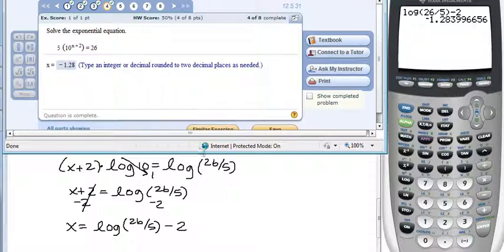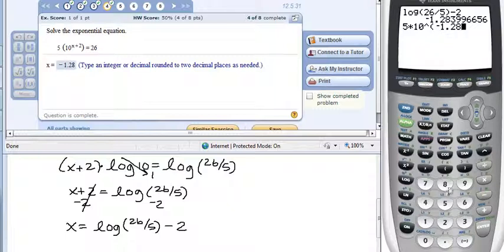Now in a test situation, what would you do? You would put negative 1.28 in right there and see how close you get to 26. If you're close to 26, just under or just over, you're fine. If you get an answer of negative 2, not fine. So let's try it. We have 5 times 10 raised to the parentheses x, which we said was negative 1.28, plus 2 power.